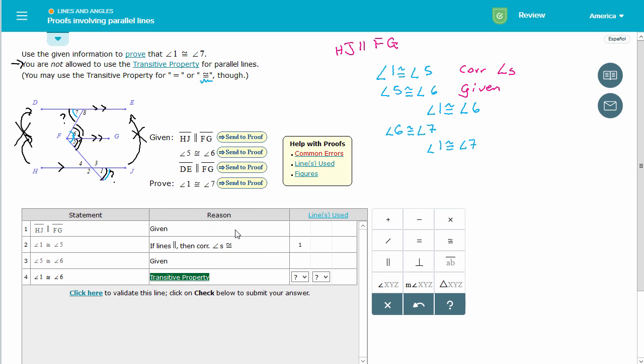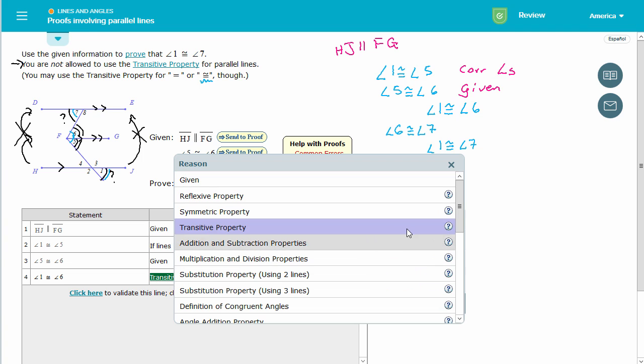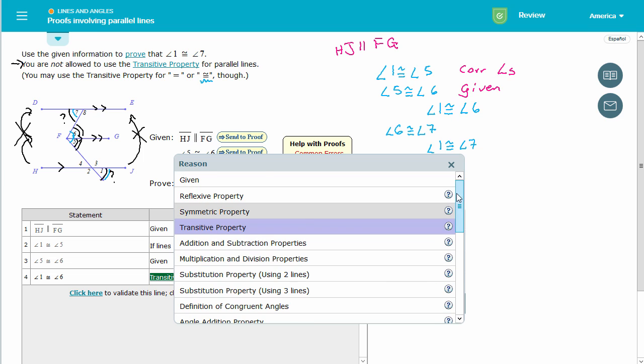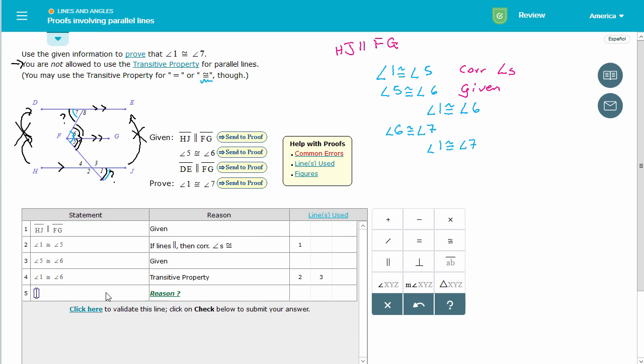I think that's the transitive property, putting together lines 2 and 3. Let's make sure that's actually formatted for the transitive property. A is congruent to B is congruent to C, therefore A is congruent to C. Yes, that works.